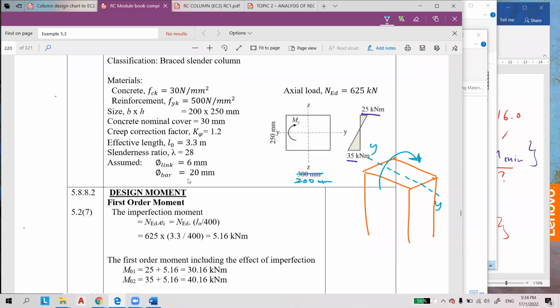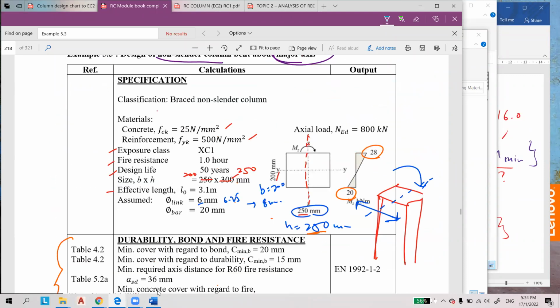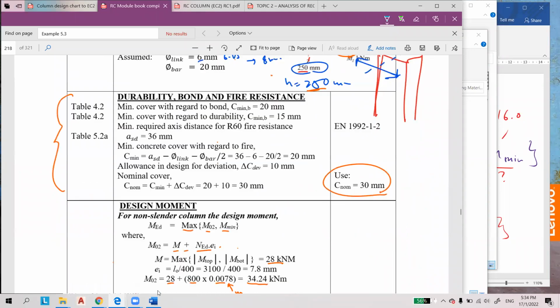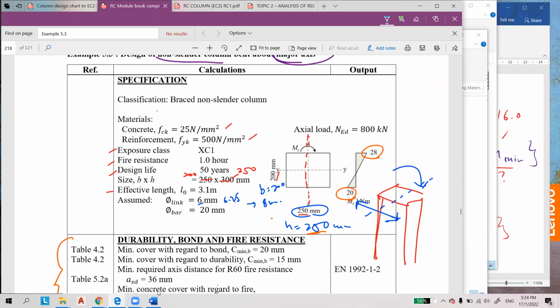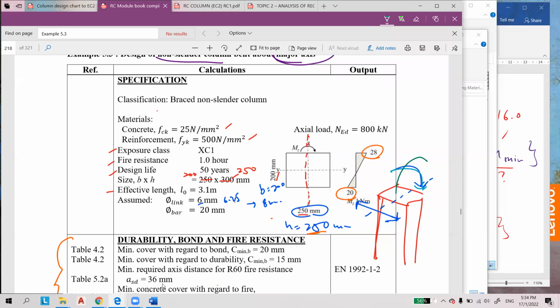This is 250. The orientation here is 250, 200, and for our case now we rotate it.